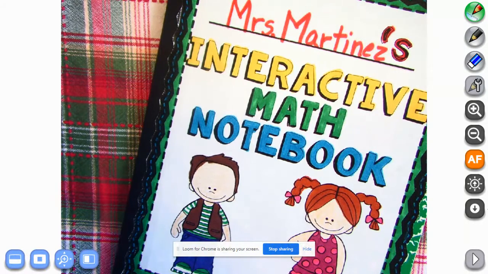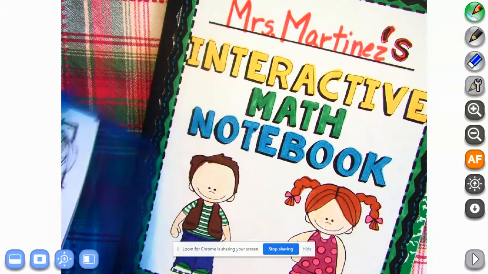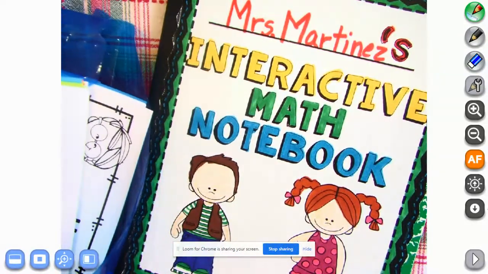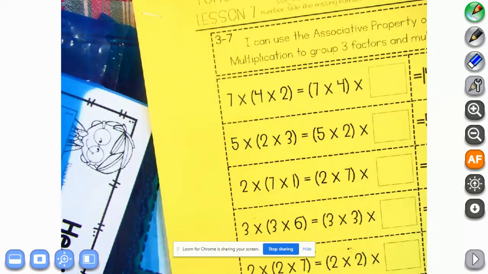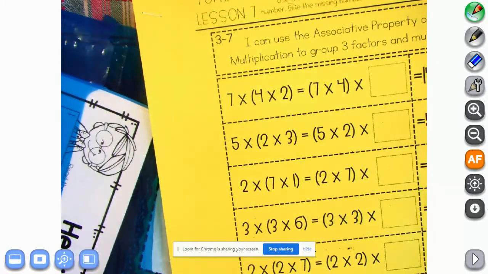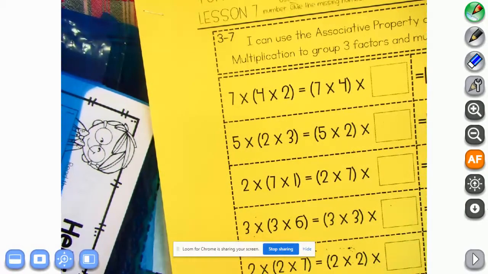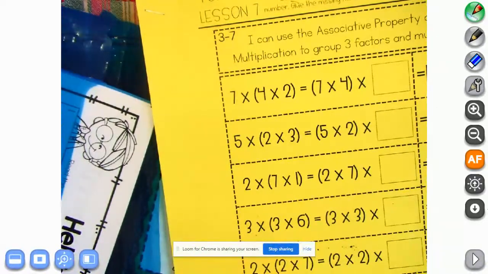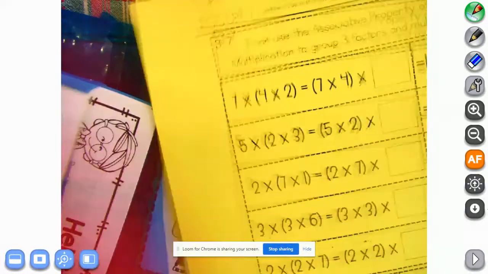All right, I'm looking for lesson 3. Okay, and we'll try to get lesson 8 done.